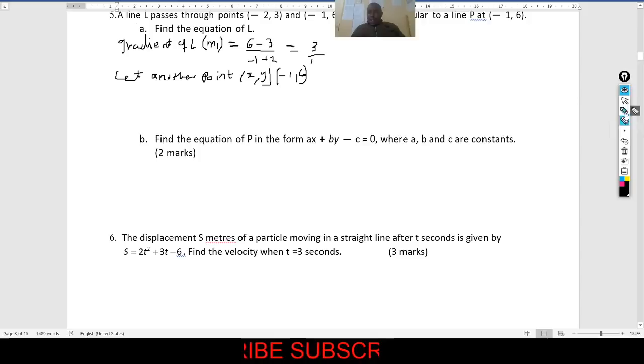So if I use that with the gradient, this implies that y minus 6 all over x, this x now minus -1, also plus 1, gives my gradient, which is 3 all over 1.